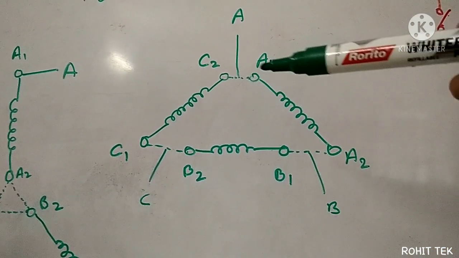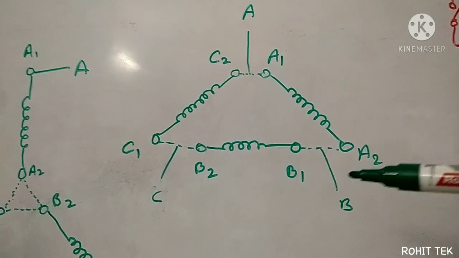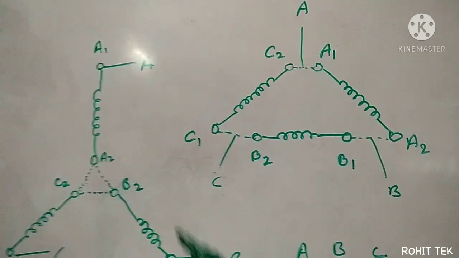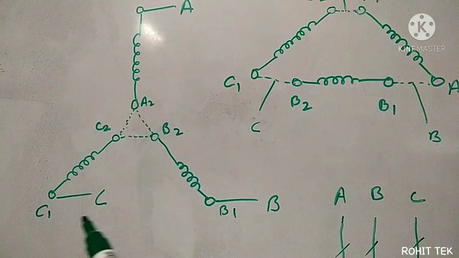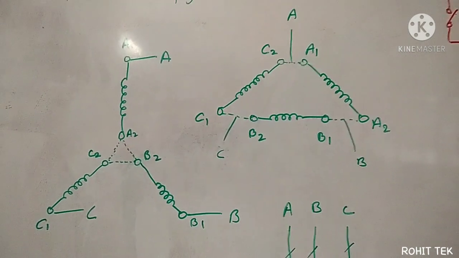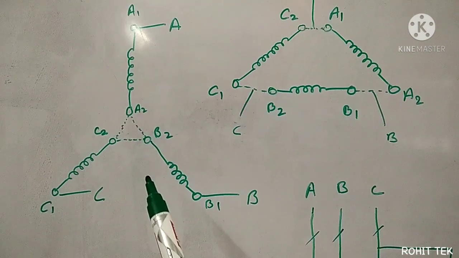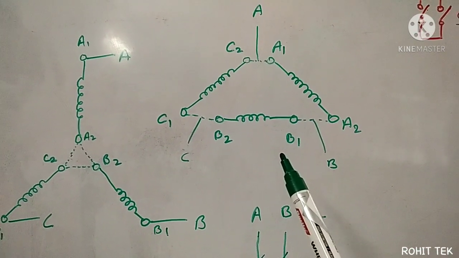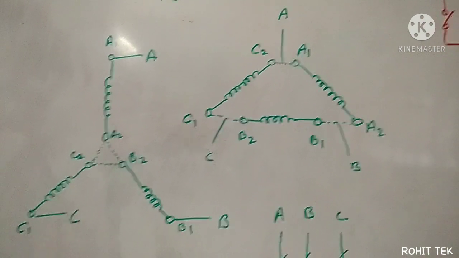And from A1, C2, I have taken out one terminal A. From B1, A2, one terminal B. From C1, B2, one terminal C. And here also from A1, one terminal A. B1, one terminal B. C1, one terminal C. Like this, I have made 2 configurations. One is the star configuration or Y configuration, and the other one is the delta configuration. Okay, is it clear? It is very easy to understand.